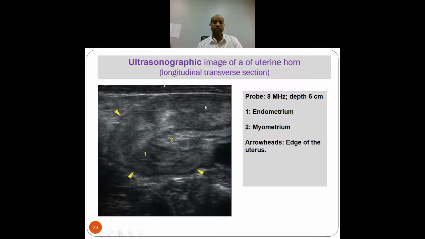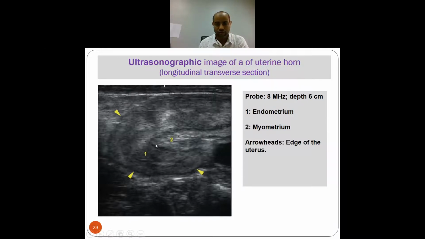So you can see here the appearance of the uterine horn, which is in a curved or curled manner. You can see this is the end portion of the uterine horn, and it goes on like this caudally, all right? So it has this kind of curled appearance, and this is the lumen at the center, and this is the thickness of the wall of the uterus.